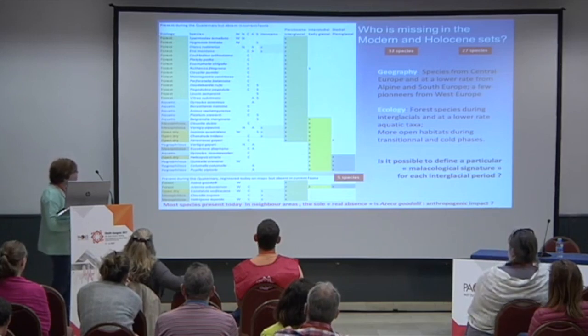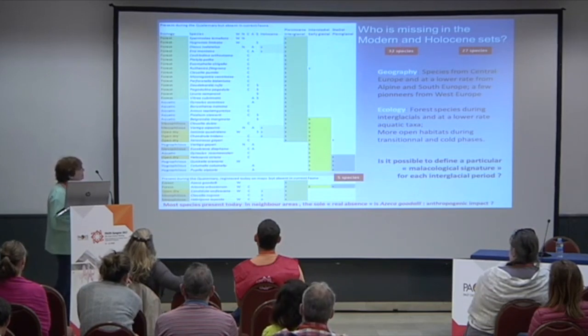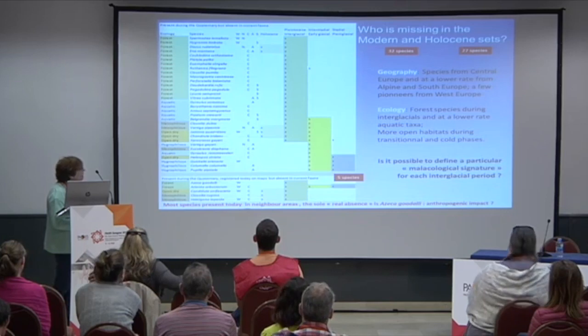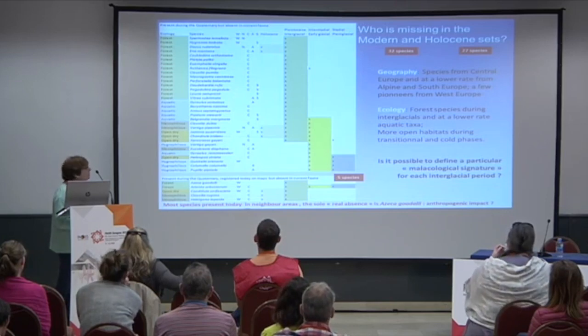What this table is telling us is that, first, there are 32 species that have been registered during the Quaternary in the Somme Valley and that do not exist anymore. Among these 32 species, 5 were recovered during the Holocene, but the 27 remaining species do not exist during the Holocene either.